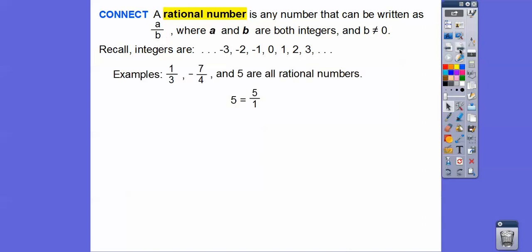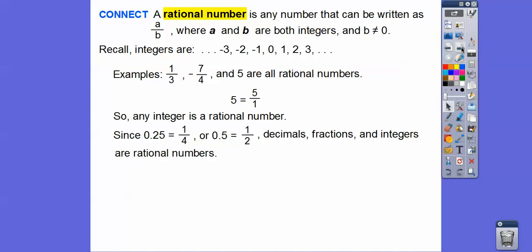Examples are 1/3, that's a rational number, -7/4. 5 is also a rational number because 5 can be expressed as 5 over 1. So integers are also rational numbers. And decimals too, since 0.25 is the same as 1/4, or 0.5 is the same as 1/2. All decimals, fractions, and integers are rational numbers.